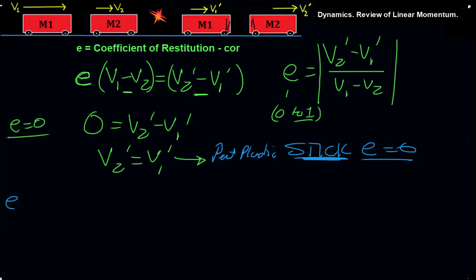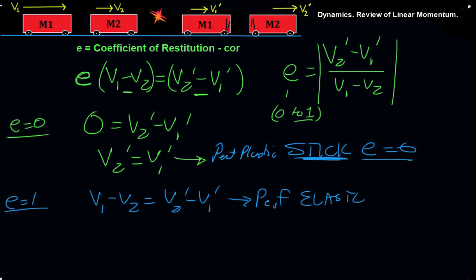If you look at an E of 1, we get that V1 minus V2 is V2 prime minus V1 prime, which we call our perfectly elastic event, where we have conservation of kinetic energy inside the system. So 0 to 1 goes from sticking together all the way up to perfectly elastic. And then anything in between is the family of just general equations that haven't stuck together but also are not conserving their elastic energy.